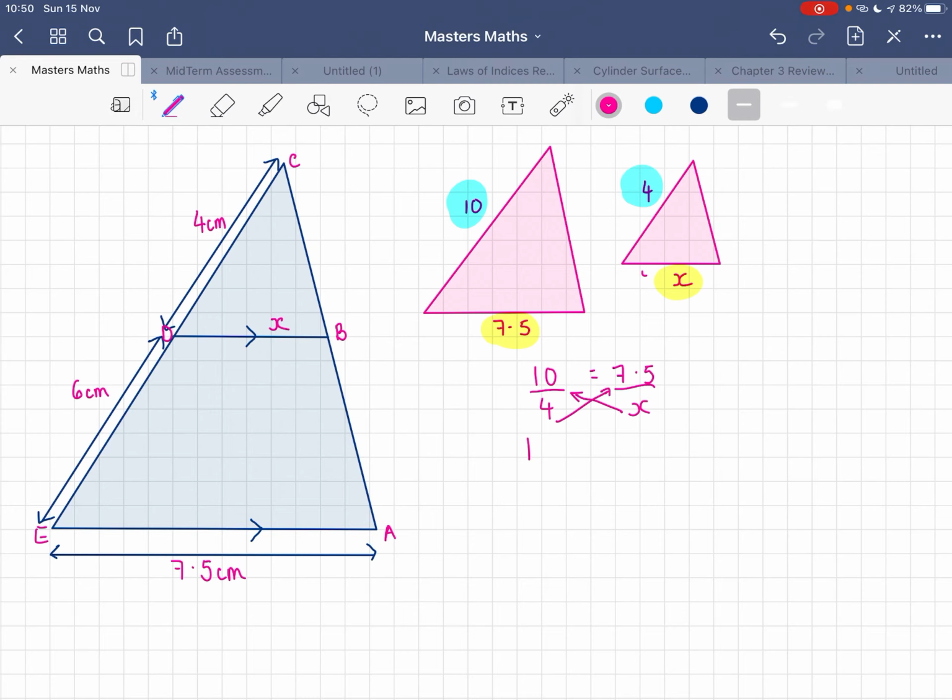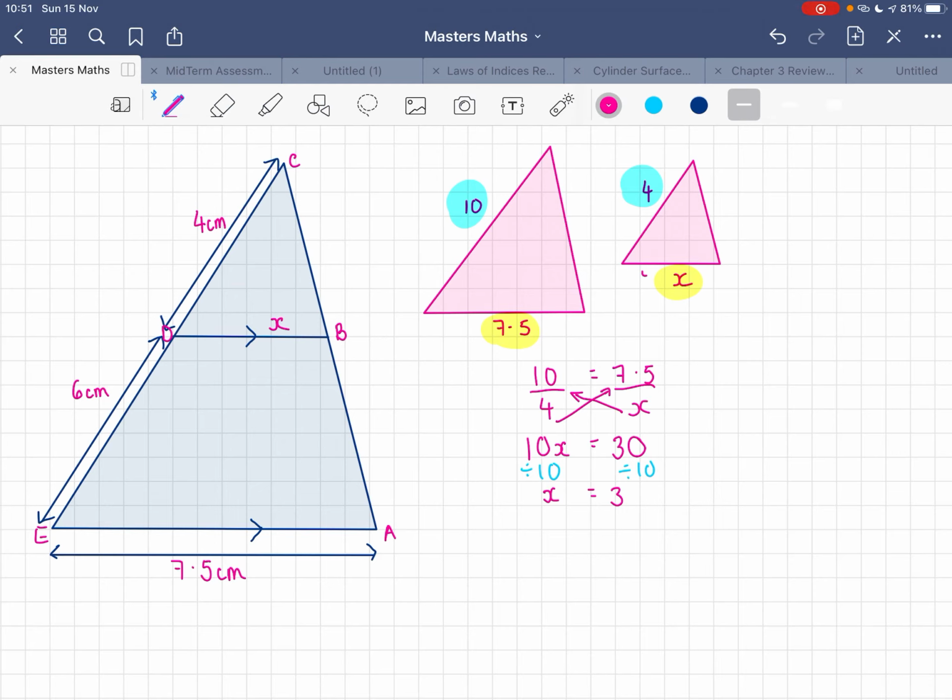So I get 10x is equal to 7.5 times 4, 30. And then I'm going to divide by 10, to get what x is. Divide by 10 gives me x is equal to 3.